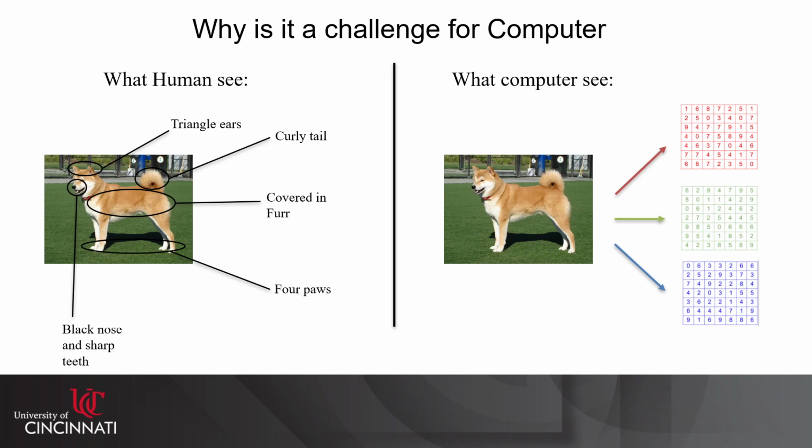The matrix is just a whole bunch of numbers linked together, and each number represents the intensity of this color in that pixel area. So, like I show on the right, what the computer sees is it doesn't see a dog, it doesn't see grass. It's just an image with three channels, three layers, and each layer has that many pixels with that many intensities.